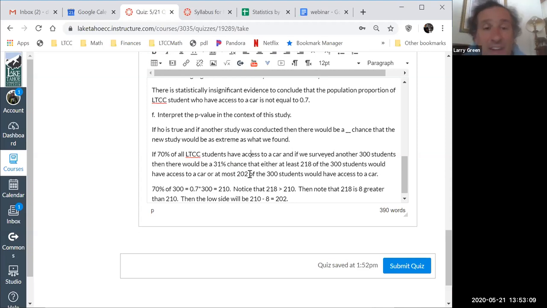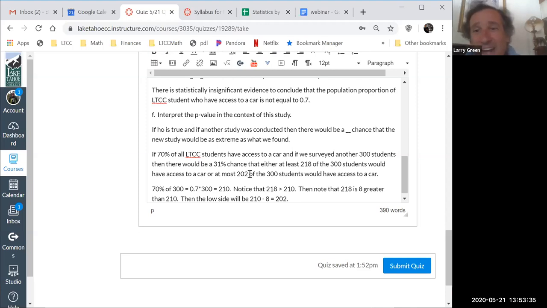You could do percents also. This particular one, I was able to do it in my head with numbers because it was like good, easy numbers. Percents are a little harder to do in your head, because if you ask me what percent 218 is of 300, that one's not as easy in my head.